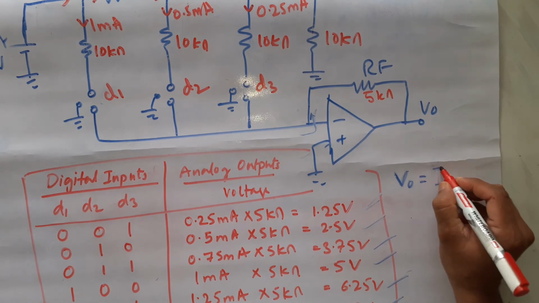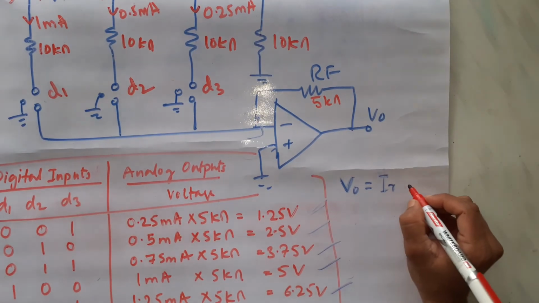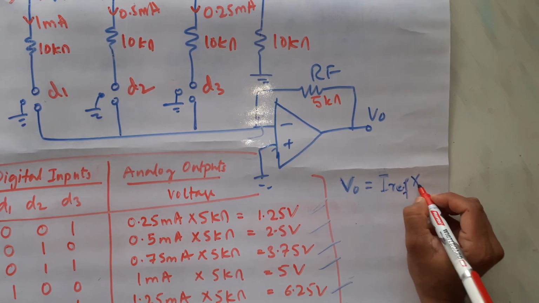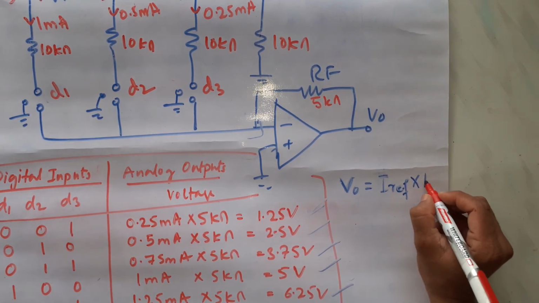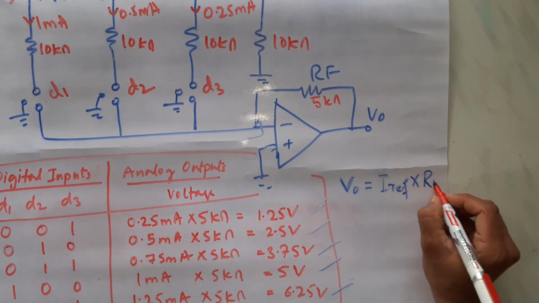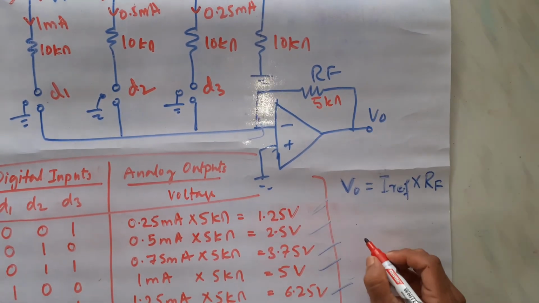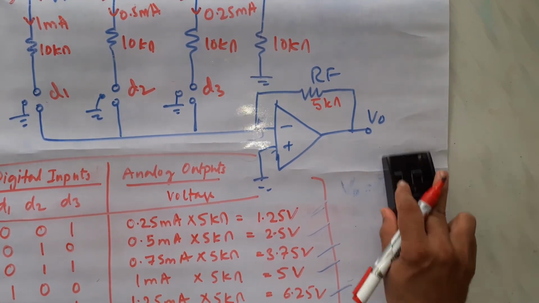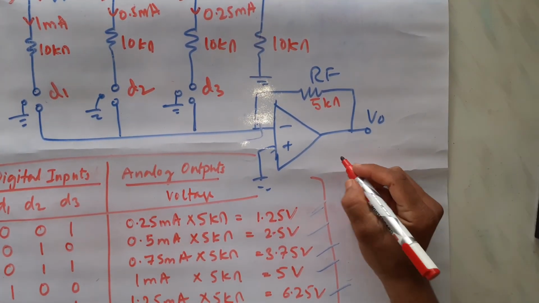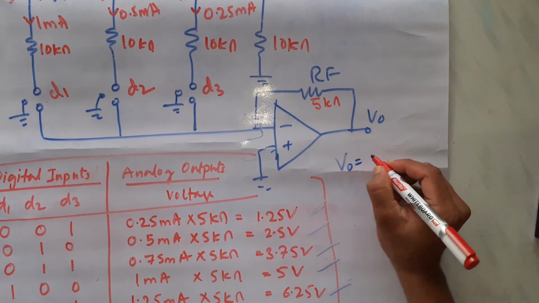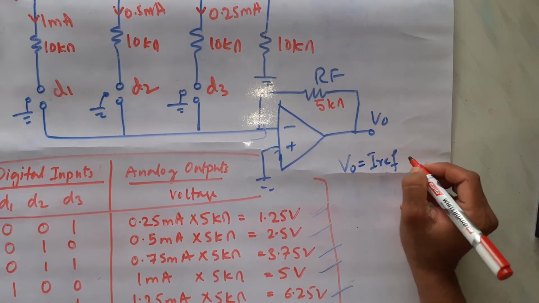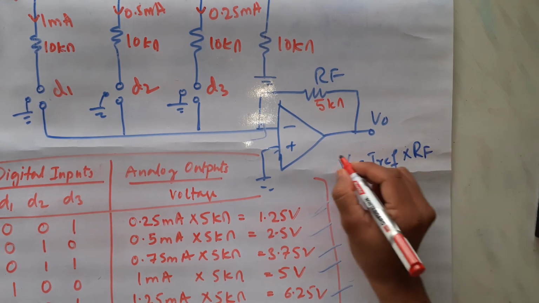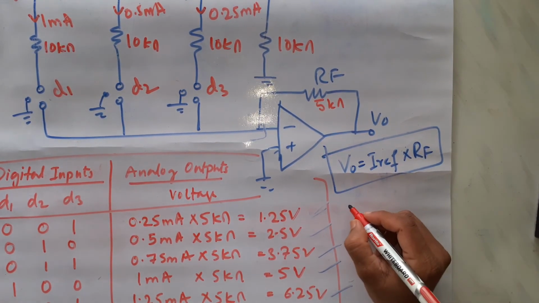So I reference into RF, that is the feedback resistance, is nothing but our output voltage. I will rewrite it: V0 equal to I reference into RF, feedback resistance. This is your output voltage, right?